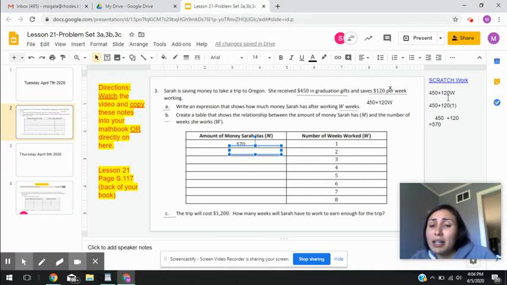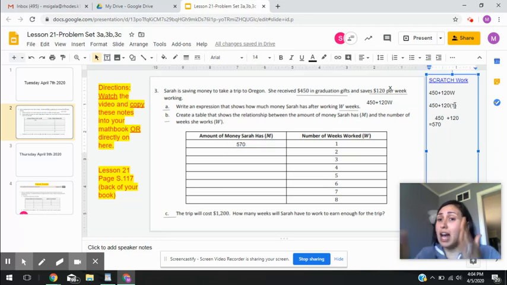I'm going to keep my scratch work here because the expression is going to stay the same. The only thing I'm going to replace is this. Instead of 1 week, I need 2. So when you're filling out this table, the only number that is changing is this number in parentheses. It's the number of weeks. So now it's 2 weeks. The 450 is going to stay the same.